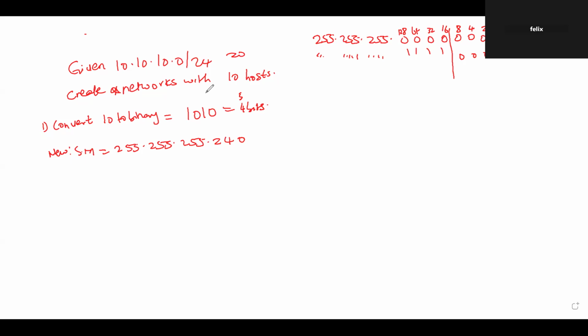So whatever the question says, if we need to create 10 networks, or 6 networks, whatever is in the question is what you're going to convert to binary, because that is how you know how many bits you need to work with.